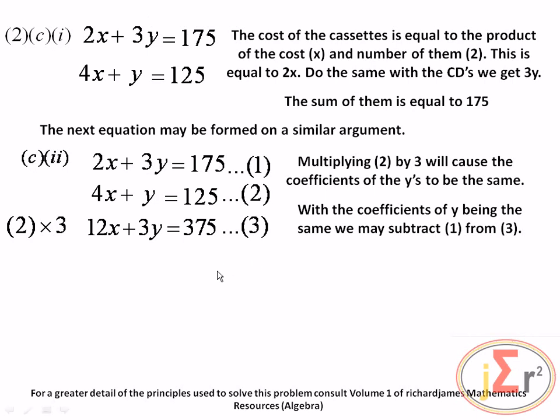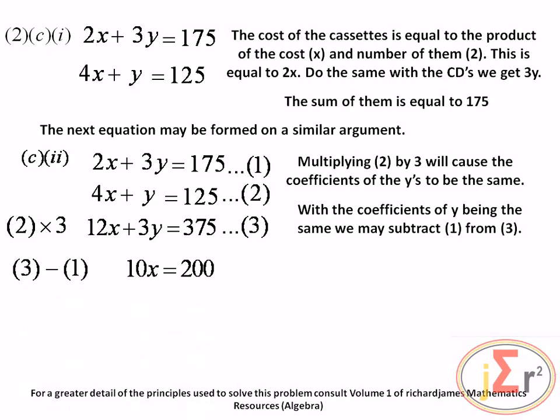However, to avoid the negatives, we are going to use this one. So we're going to say 12x minus 2x, and then of course 375 minus 125. And of course our figures will all be positive if we subtract equation 1 from equation 3.